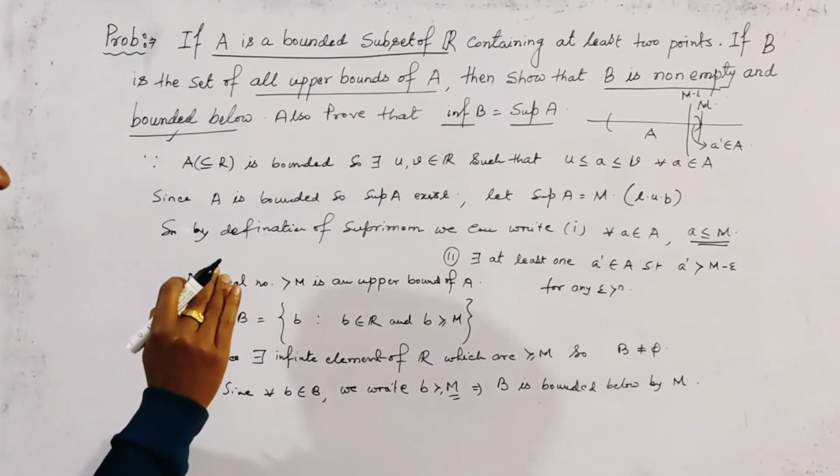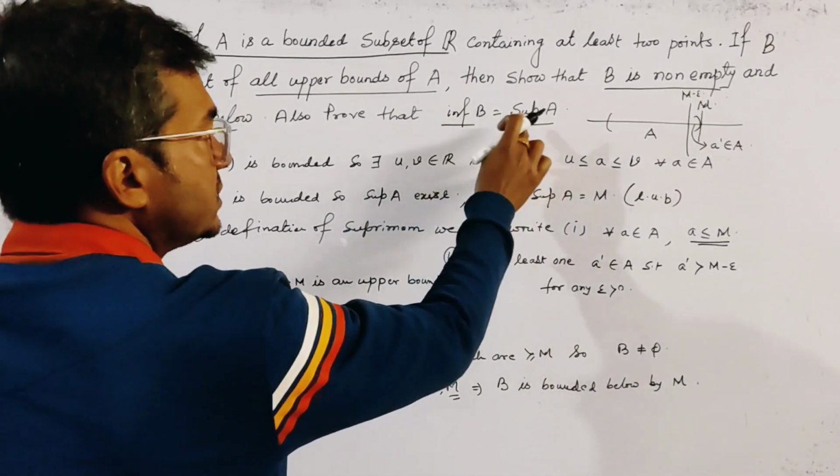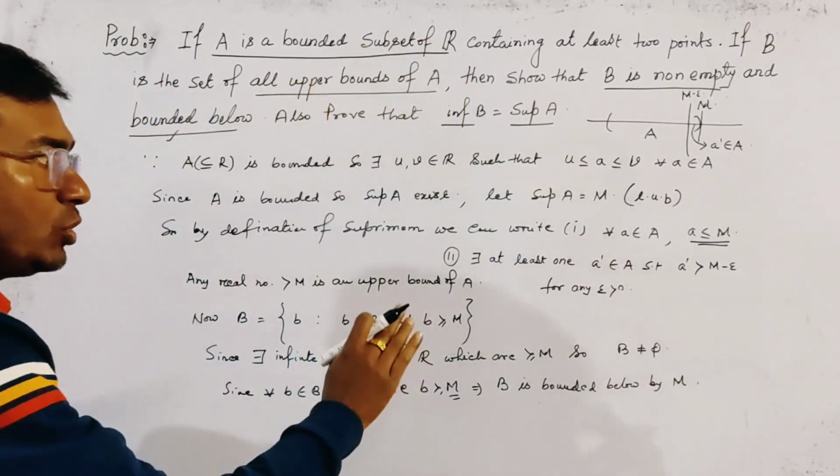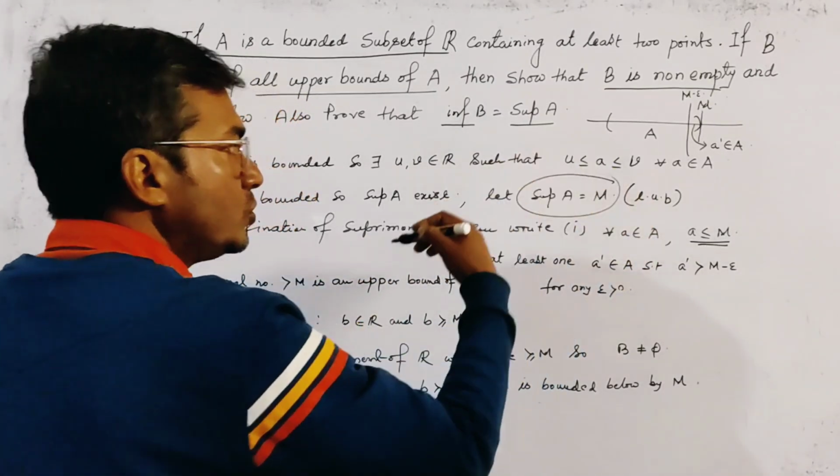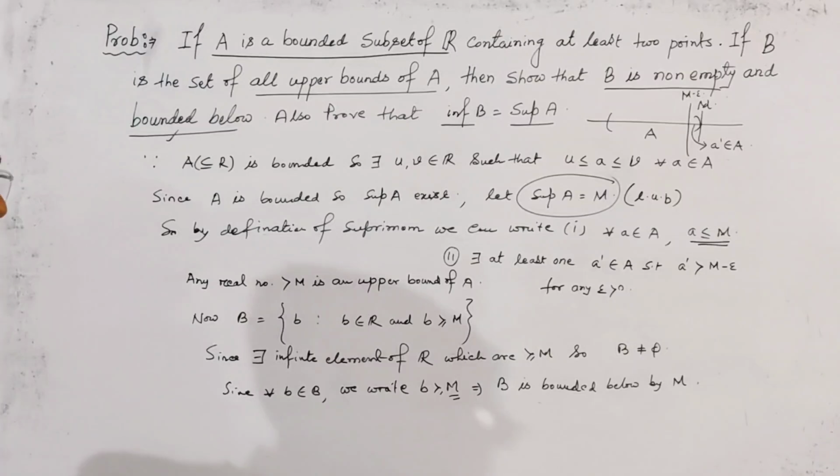Now we have to see that infimum of B is equal to supremum of A. We already let supremum of A equal to capital M, right?